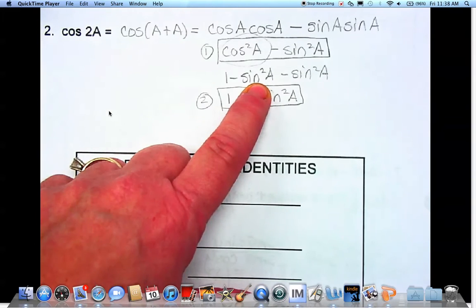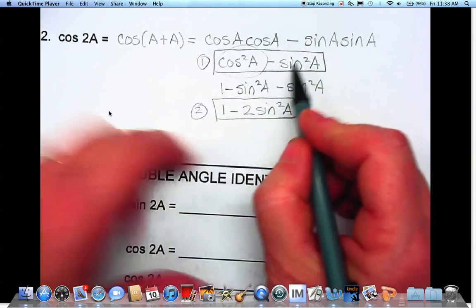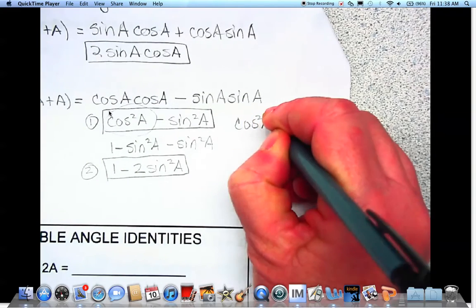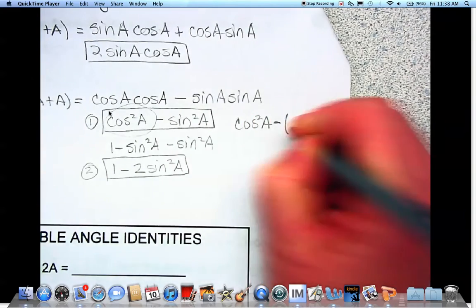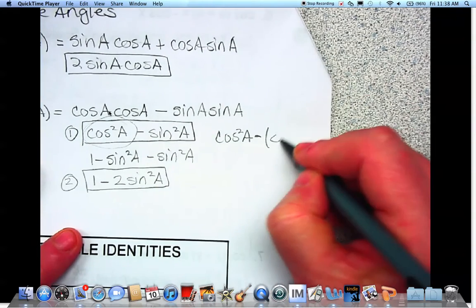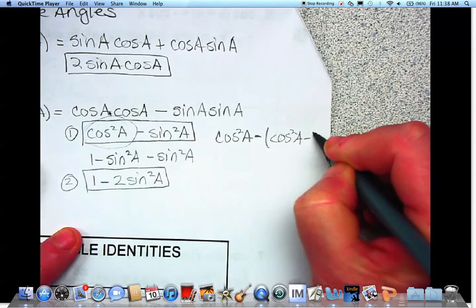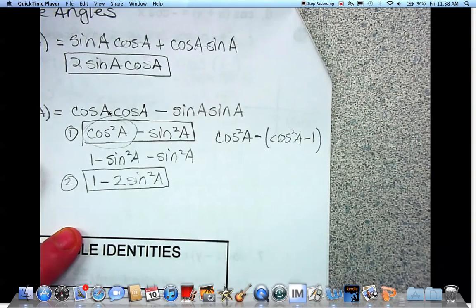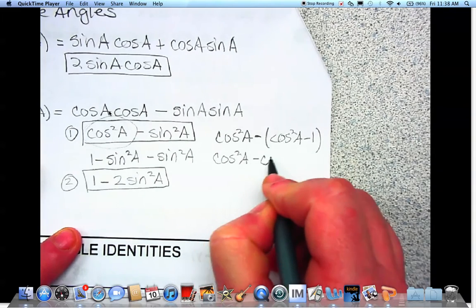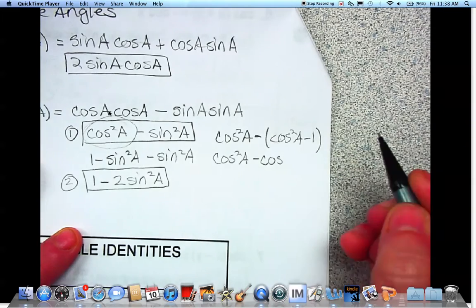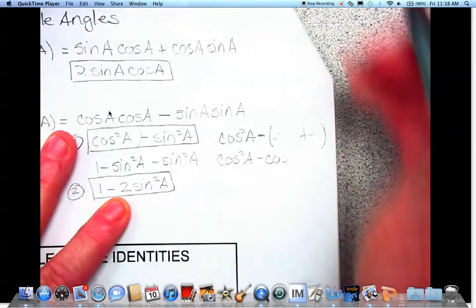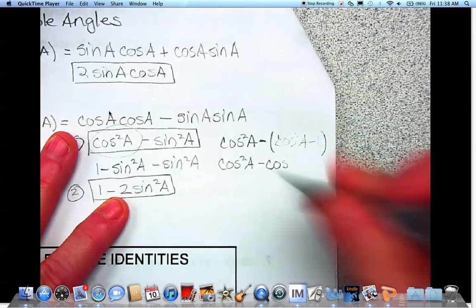Okay. So we're going to do the same thing with the sine squared a. We'll keep the cosine squared a, and we'll have minus parentheses. What does sine squared a equal? 1 minus cosine squared a. I wasn't thinking, I was just writing. 1 minus cosine squared a, which makes more sense.